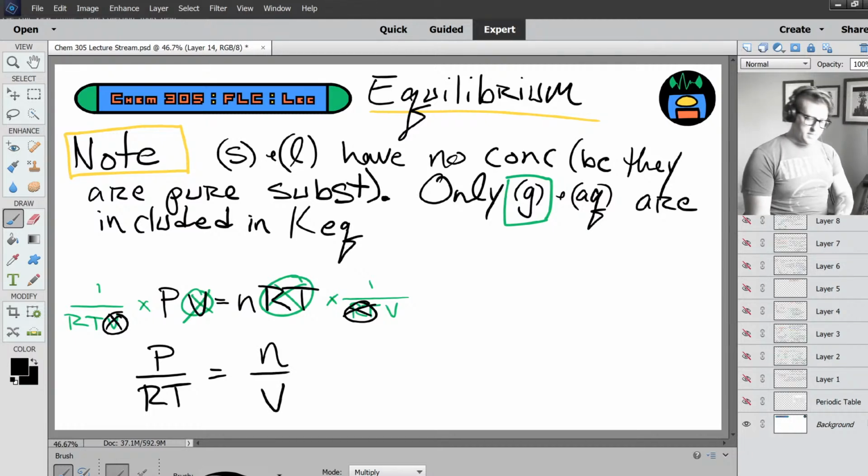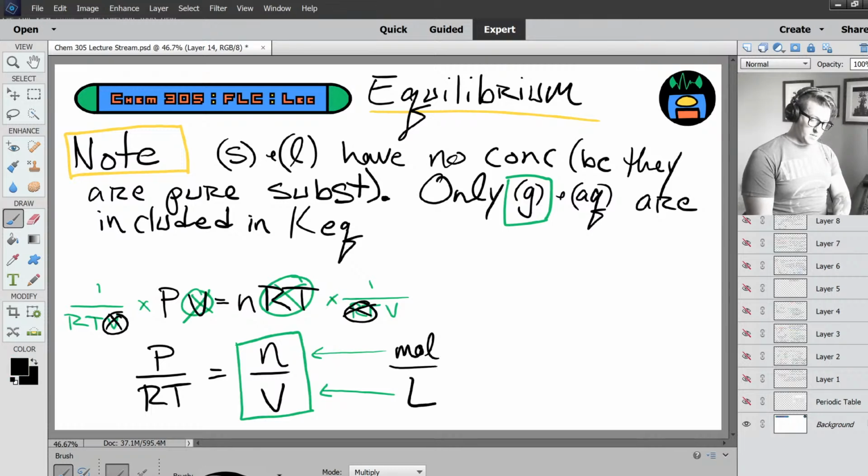All right. Think for a minute about our units here. n has units of moles. Volume in the ideal gas law has to have units of liters. And moles over liters equals molarity.